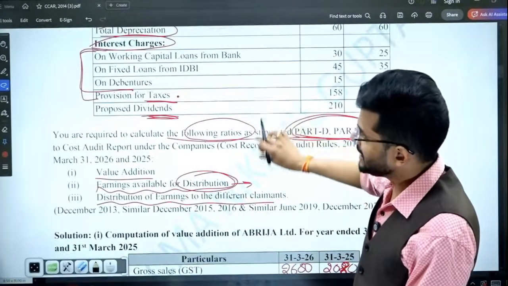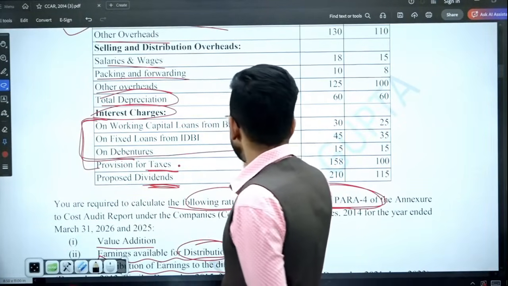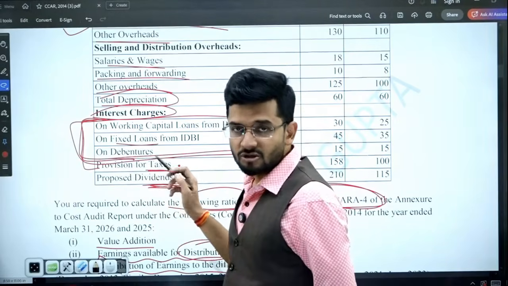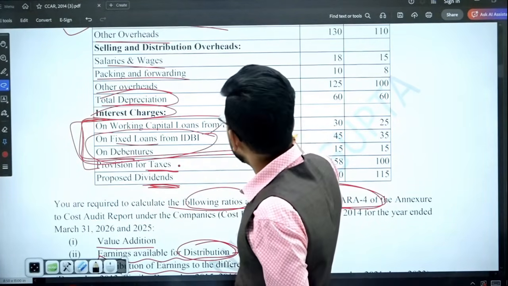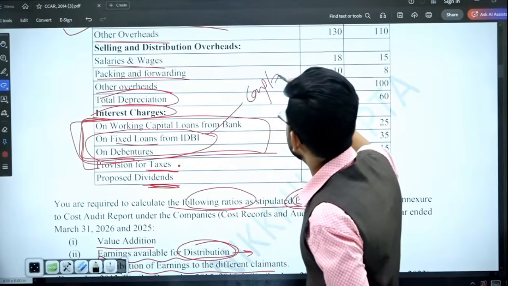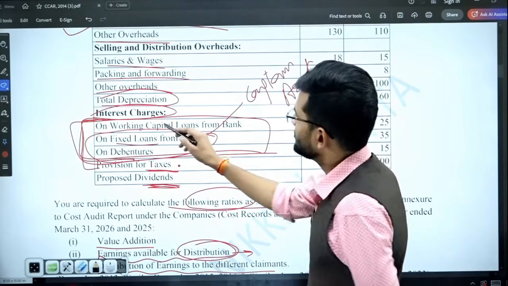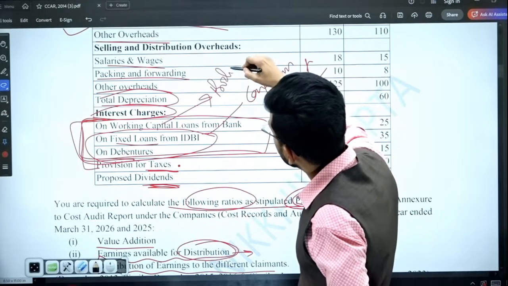Please see, there are three types of interest in the question: working capital interest, fixed loan, and debentures. Fixed loan and debentures are used for long-term assets, but working capital is used for our day-to-day production.